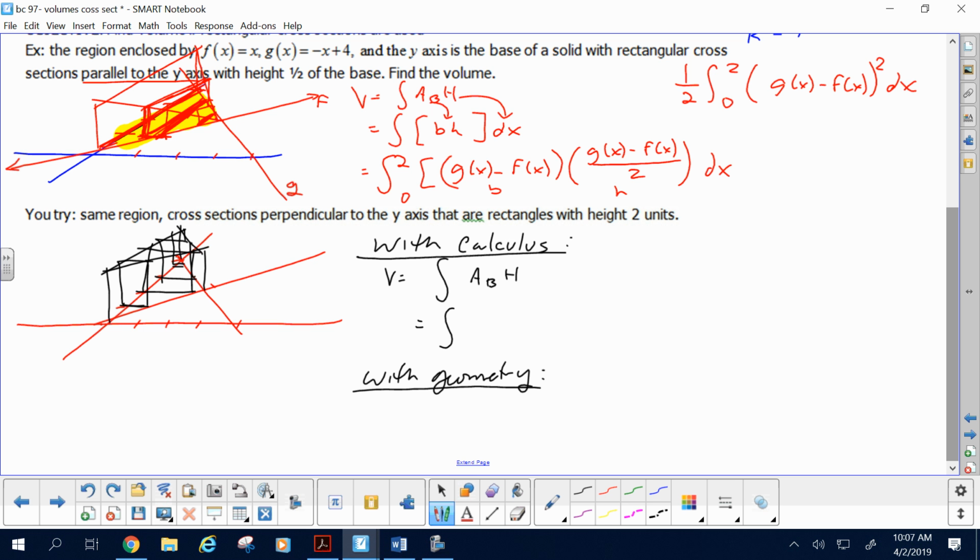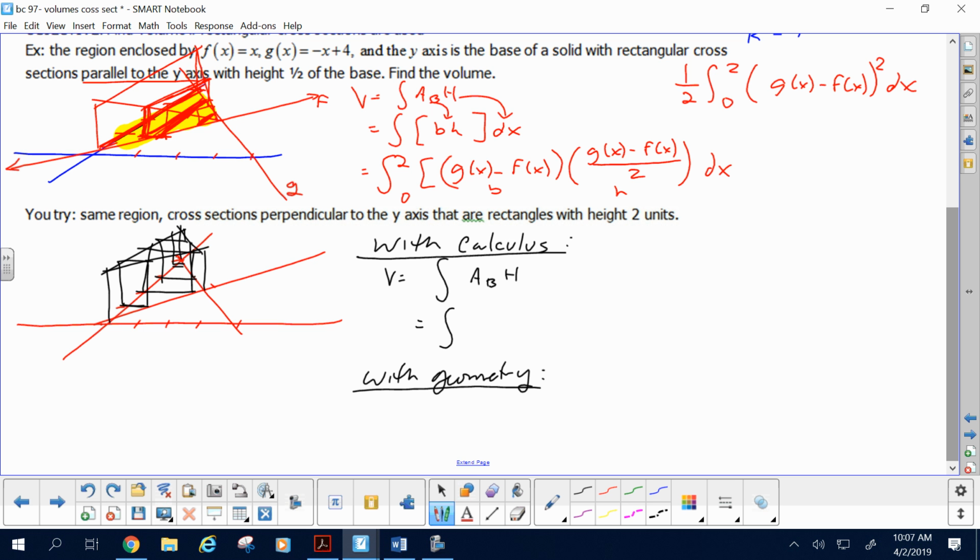Let me know if you have any questions or comments. Most classes will say this takes two integrals. Do you see why it's two integrals? No?